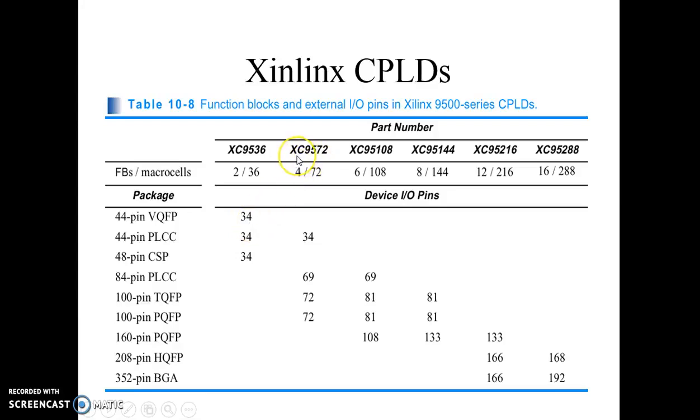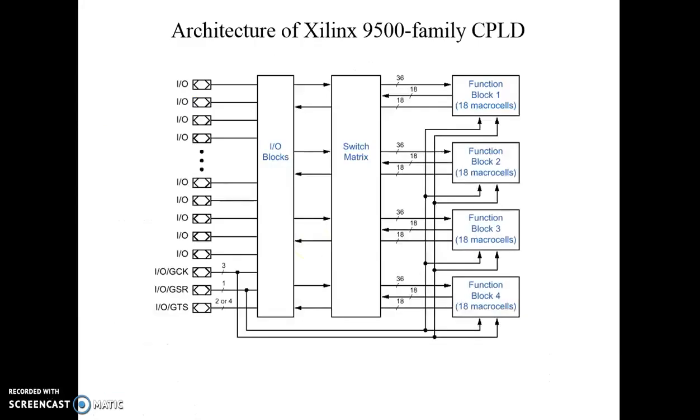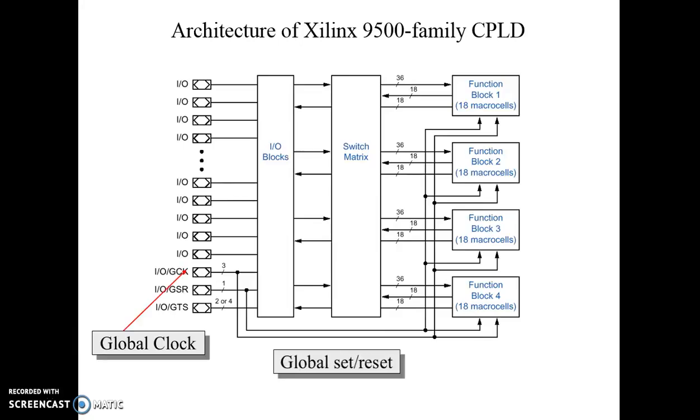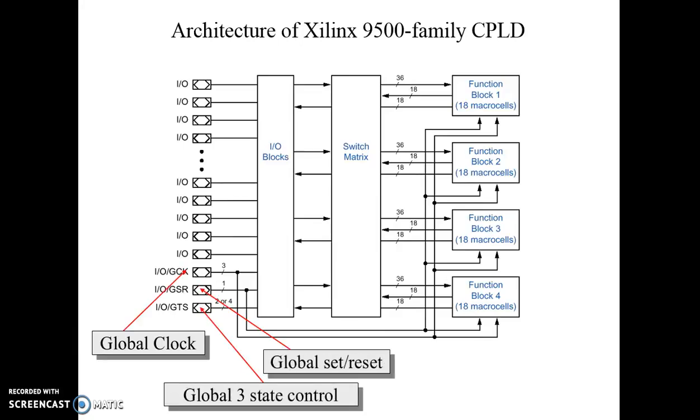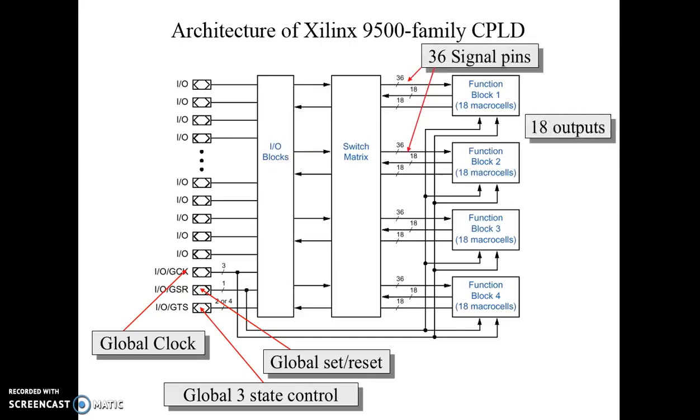Similarly, if you see the XC9572 CPLD family, it has 4 function blocks and 72 macro cells, and has 34 input-output pins. So this is the detailed architecture of the Xilinx 9500 family.